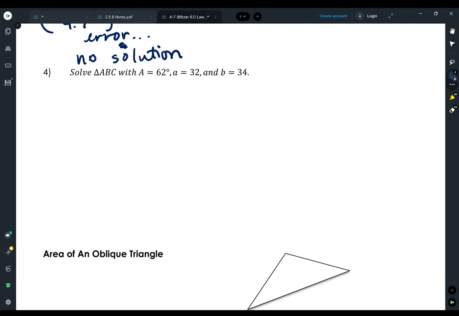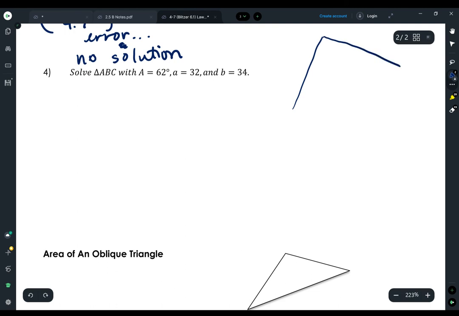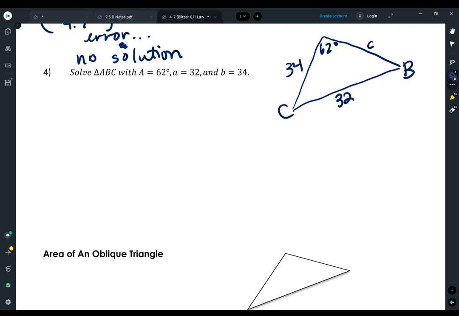So last one, and if we've had one with one solution and one with no solutions, you can kind of guess this one's probably going to have two. So let's see, we have 62 degrees, and that's across from side A, and then angle B, and then 34, and angle C, side C. So we have to start with angle A again.